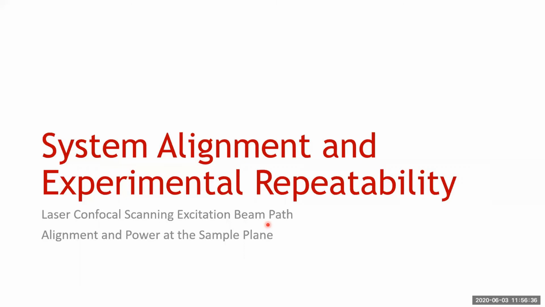This is a fairly low NA objective, and it's going to image a large field of view, so you'll be able to image pretty fast. Now, if you need the maximum resolution you can get, then you can't do nothing. You have to go to Nyquist. Okay, so that's for spatial resolution.